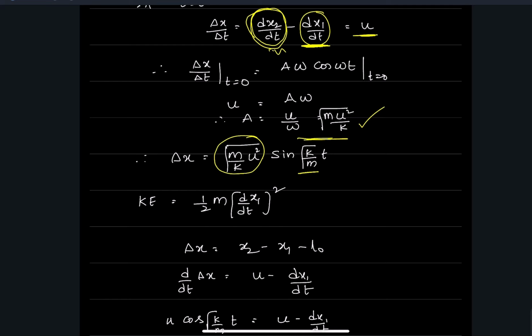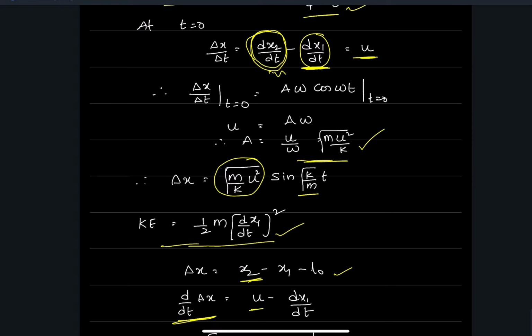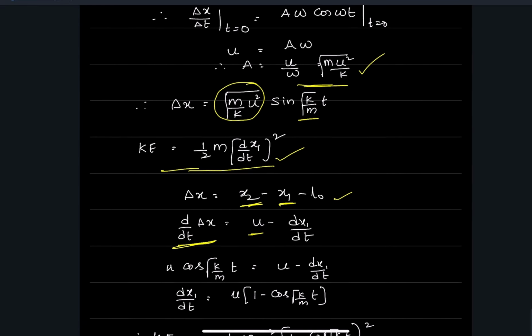So KE of the block is half m times d by dt of x1 whole square. Again, let us find dx1 by dt from the first equation, delta x equal to x2 minus x1 minus L0, and d by dt of delta x is dx2 by dt, which is u, minus dx1 by dt. I want to find this dx1 by dt.